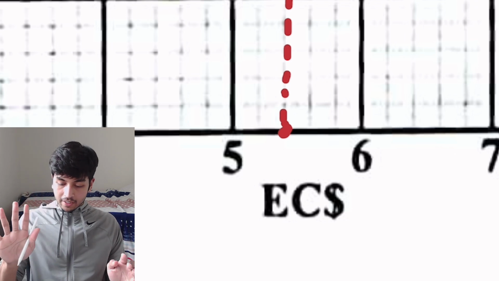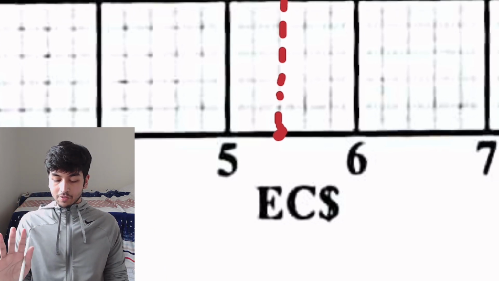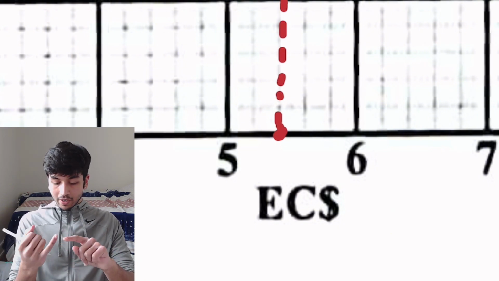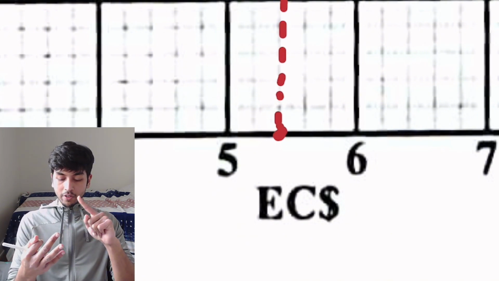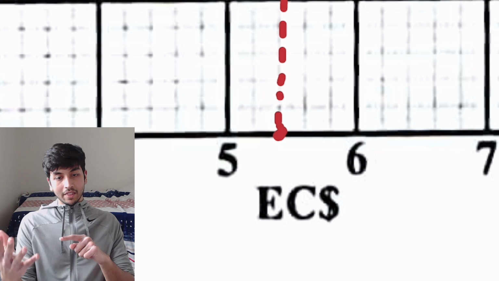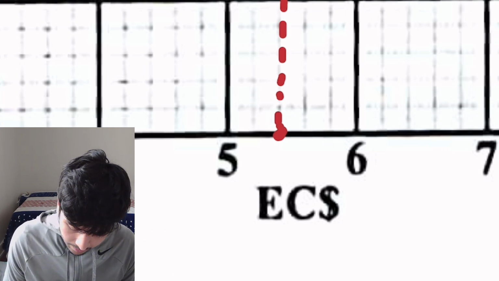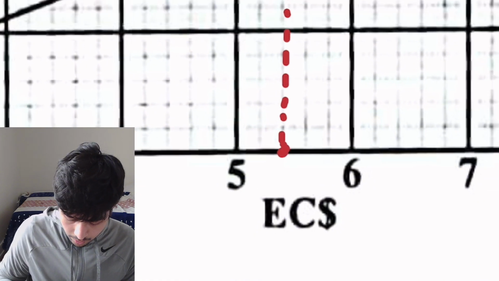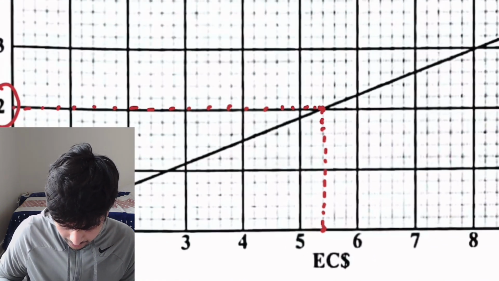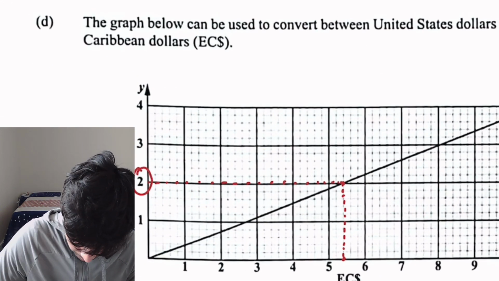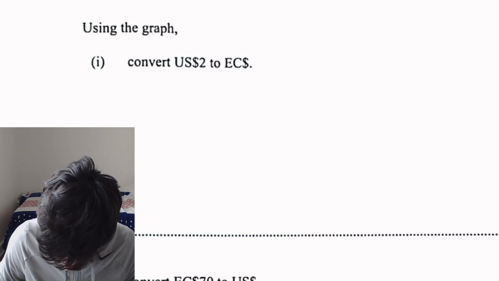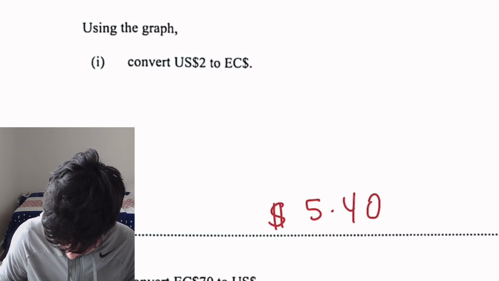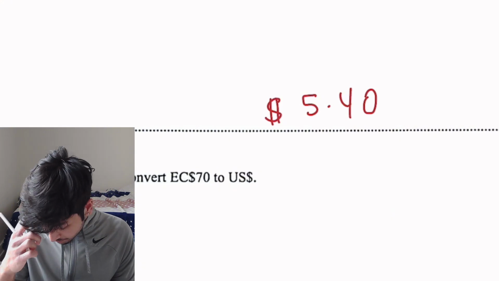So the only way for it to be mathematically correct is for each of those portions to represent 0.2. So this one over here is 5.2, 5.4. So just reading it off from the graph, we'll get 5.4. So the answer is $5.40 EC.